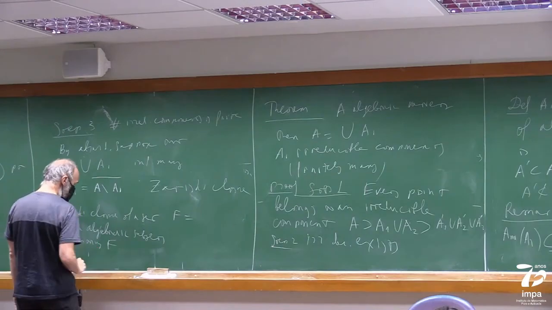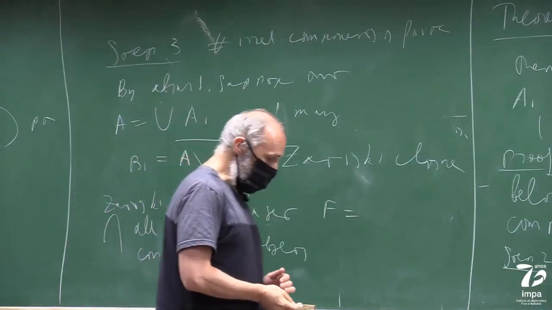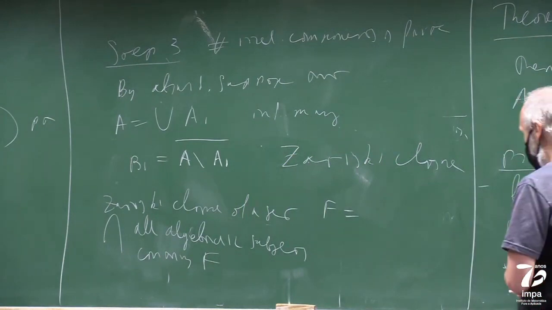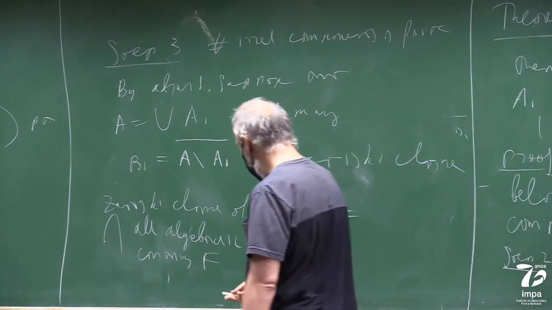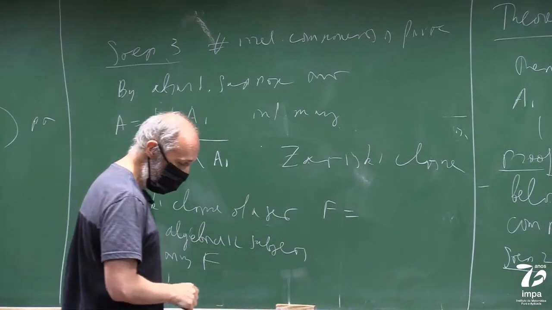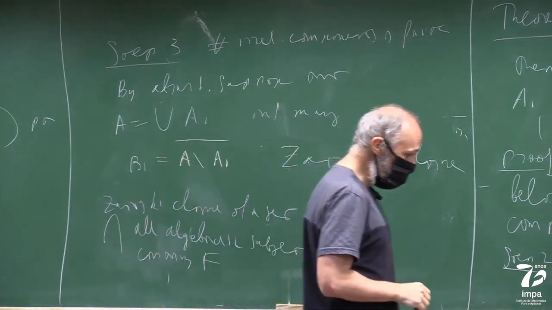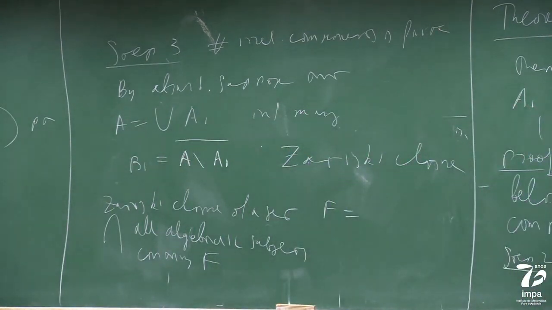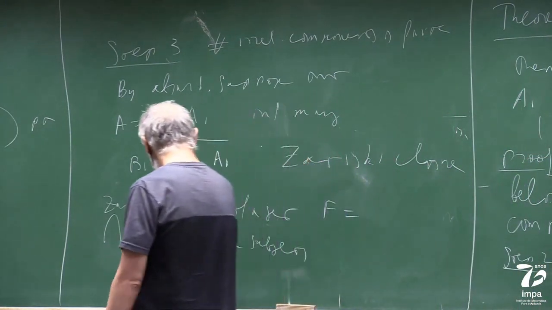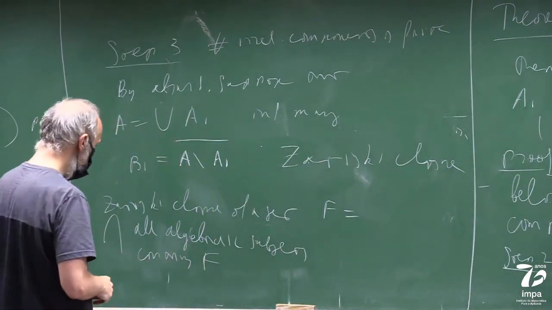The reason why it is called Zariski closure is because there exists the Zariski topology. I will tell more about it definitely. Zariski topology is the topology where closed sets are algebraic sets. And as usual, when you want to define a closure in topology, you take the intersection of all closed sets containing your given set. This is why it's called Zariski closure.